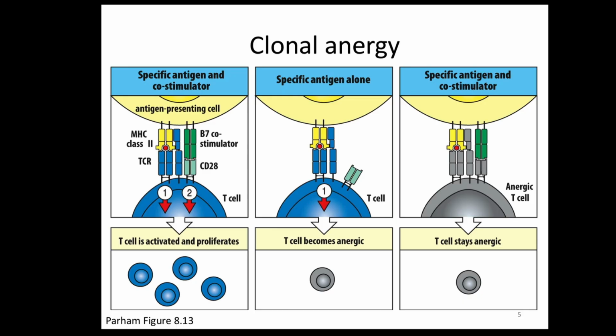But a lot of the big mechanisms are related to clonal anergy, and you can see clonal anergy here. Specifically, we're talking about T cell anergy. What you can see is this T cell. When it is a naive T cell, it requires signal 1 and signal 2 in order to be activated and proliferate.